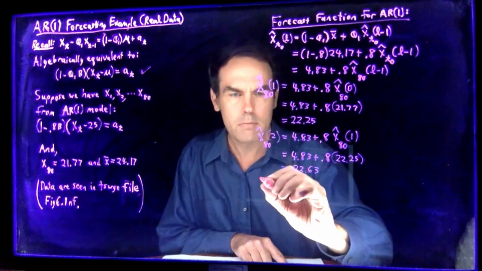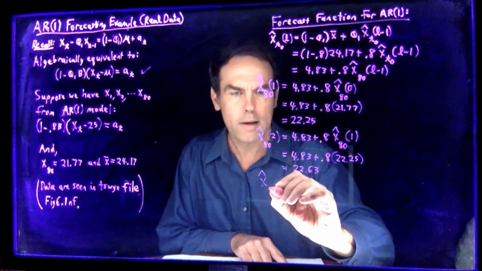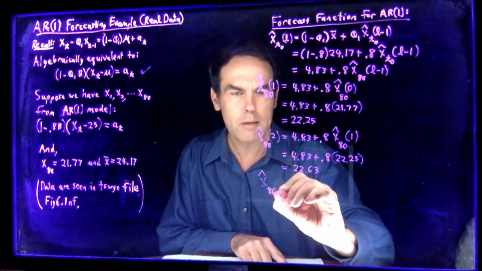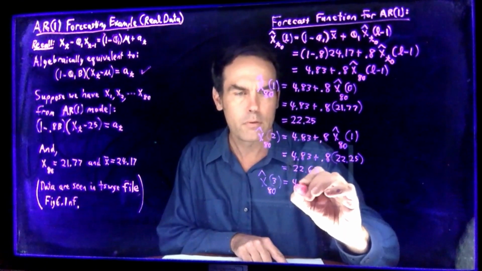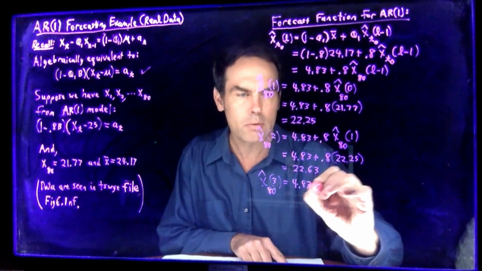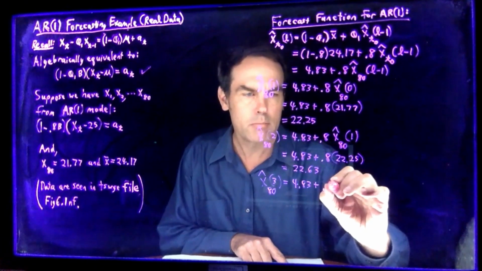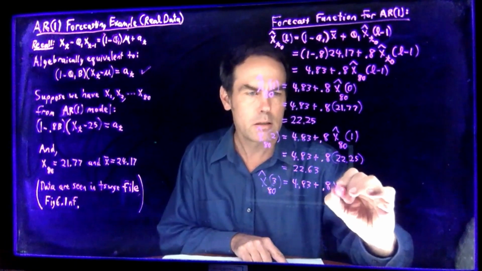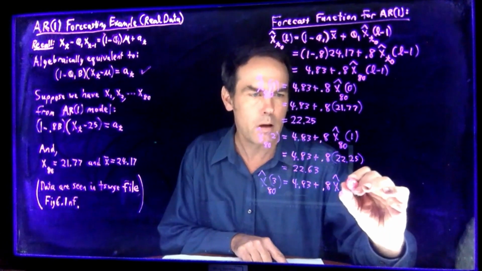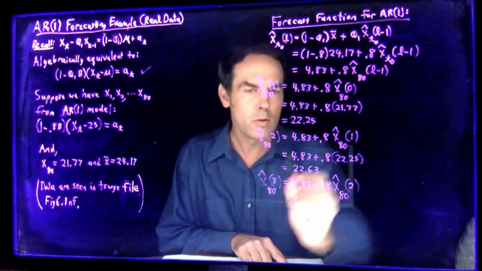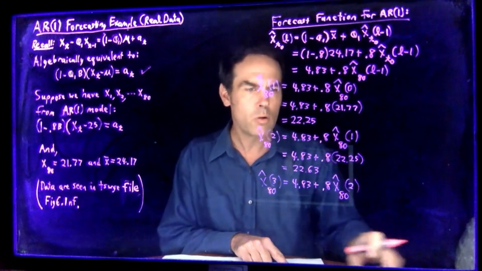And then, for the forecast for the 83rd value, that would be x hat of 80 of 3, which is 4.83 plus 0.8 times x hat of 80 of L minus 1. That's 3 minus 1, which is 2.